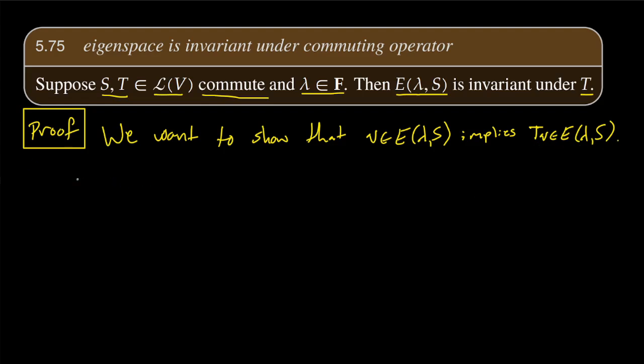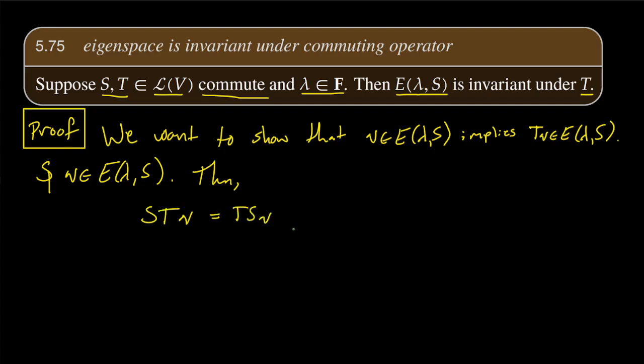Okay, so to do this, suppose that v is an element of E(lambda, S). Then what we'll get is STv. Well, this is S of Tv, which is just T of Sv, since S and T commute. TS is equal to ST, right?